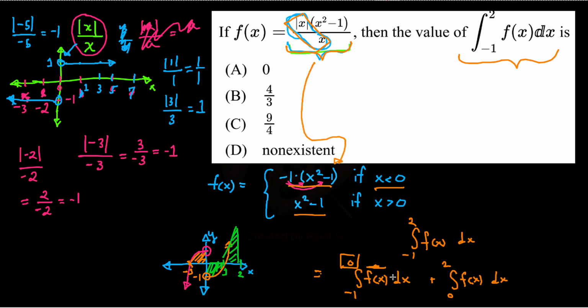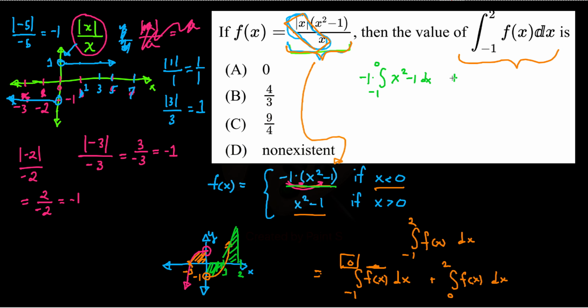So for this first piece, I'm using this piece. I want to integrate from -1 to 0 of -1. The -1 can come outside, so don't forget to multiply by -1, times x squared minus 1 dx.